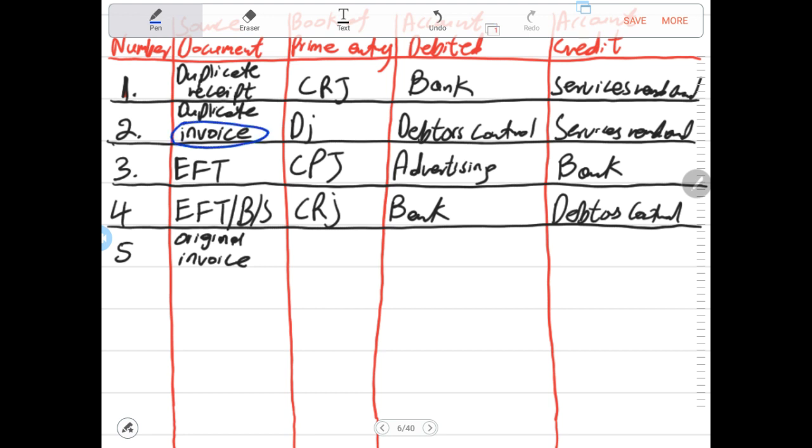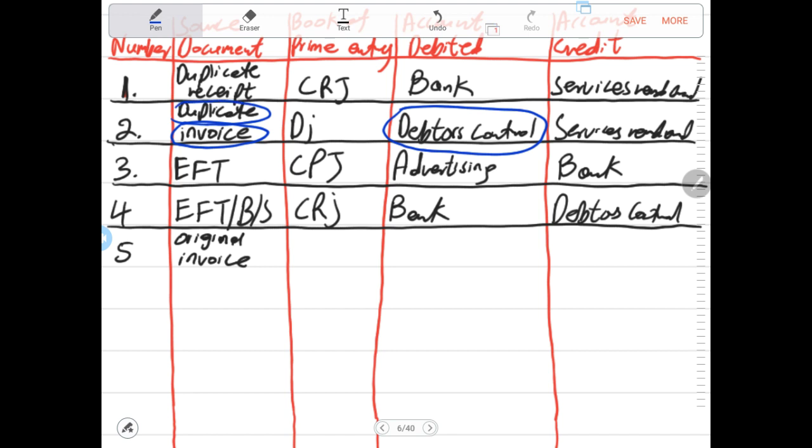Please make sure that you don't make a small mistake. At least make sure that you are always using the right terminology. When it's on credit, the invoice is affected. But because we rendered a service to a customer, it became a duplicate invoice.